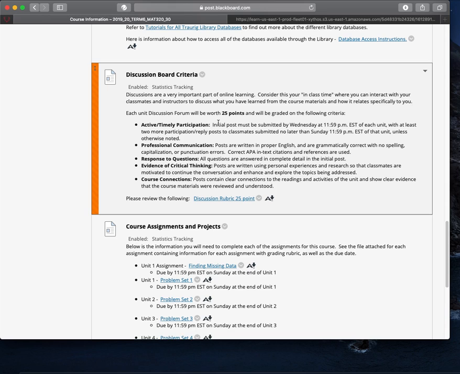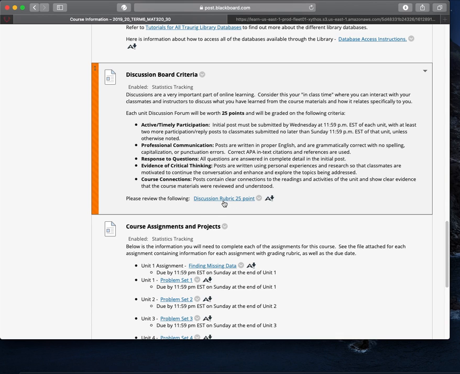Because sometimes during these discussion board posts, it is helpful for your classmates to be able to point out if there appear to be any errors in the post. And then the last one is course connections, meaning is there clear evidence that the course materials were reviewed and understood? As long as you're not doing something wildly inappropriate in these discussion board posts, it is usually pretty hard to lose points in that category.